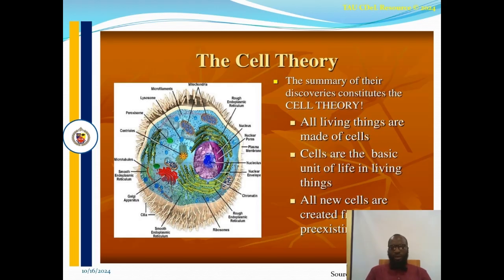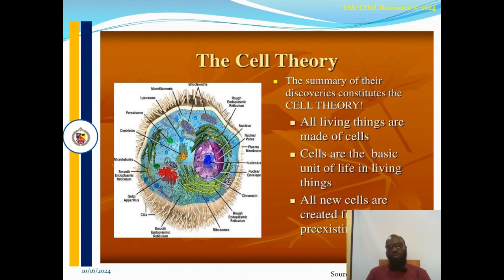Now, as science continues to evolve with new discoveries, we find out that certain things that were previously known to be fact, or theories that were postulated, were actually changed with advancement. The same applied to the cell theory.